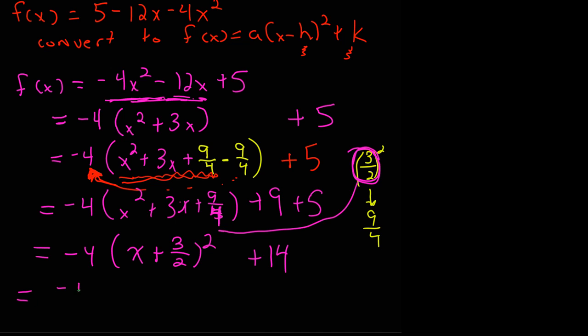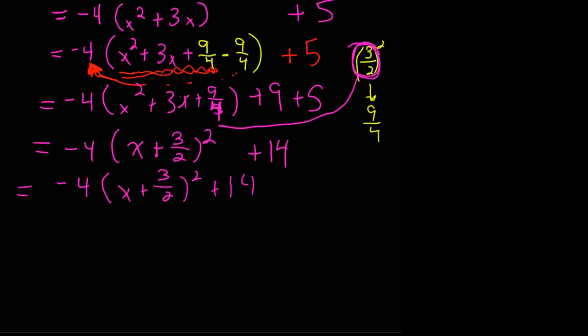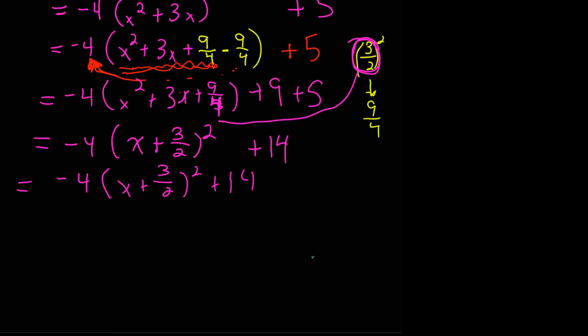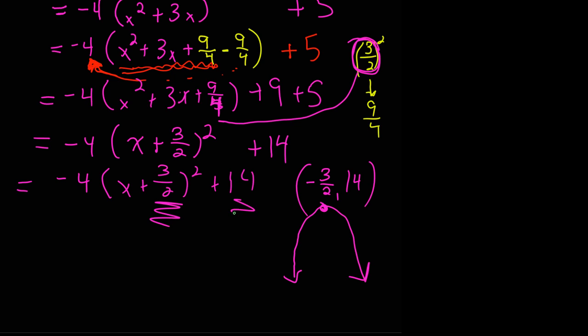And now we have this in our a, h, k form. We know that a is negative, so it's going to be a maximum like this. We also know that our vertex is going to be at negative 3 halves, comma 14. That's the point of the vertex, because there is our h and our k.